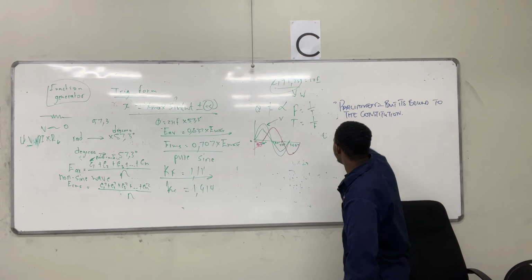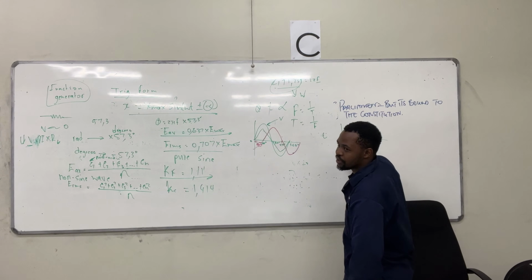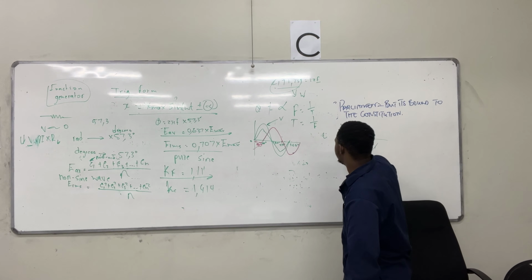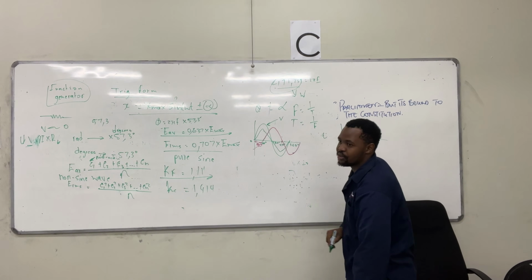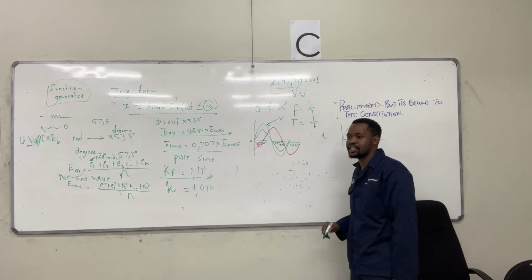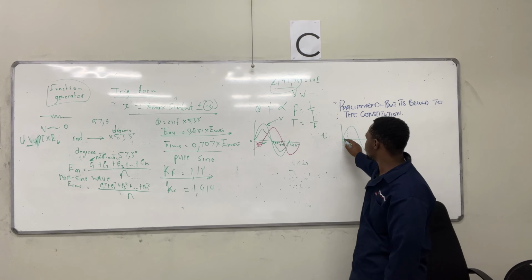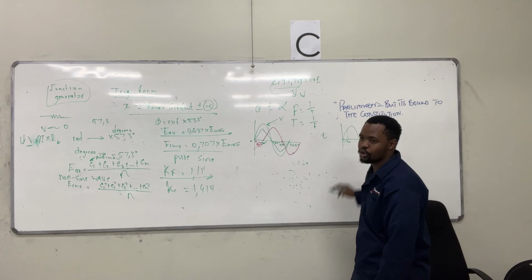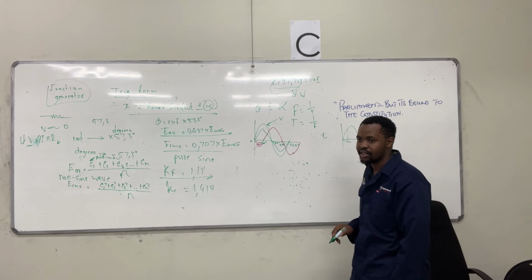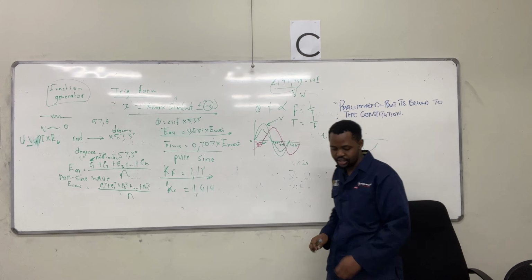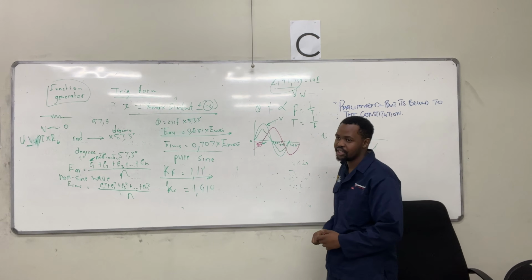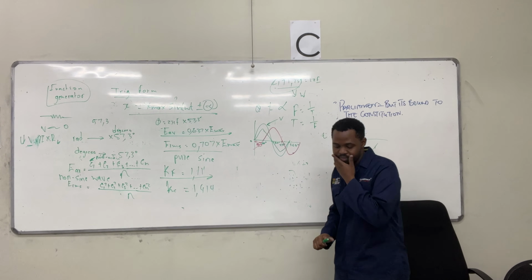It's the time that tells you to calculate the value of this EMF or of this current after 2 milliseconds. Perhaps it will be an instantaneous value. It helps us calculate instantaneous value. It's not the time taken to complete a cycle. What is the difference between this time and the period?